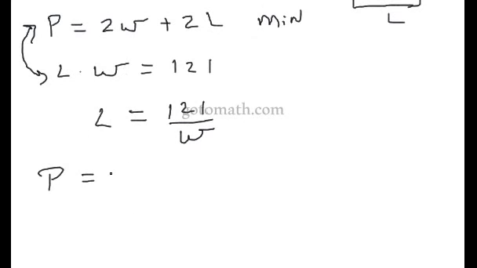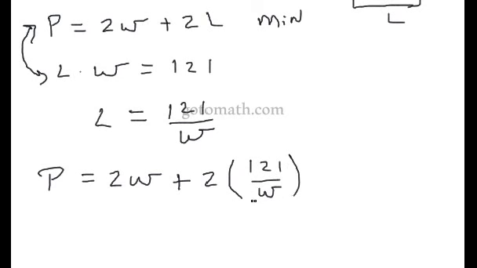Okay. 2W plus 2L, and this is our L. I'll just put it in parentheses, 121 over W. Let's see, that's going to be 242. Is that right? 242. And I'm going to go ahead and take this W and bring it up into the numerator.